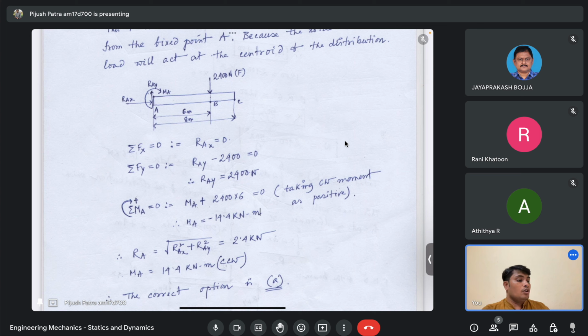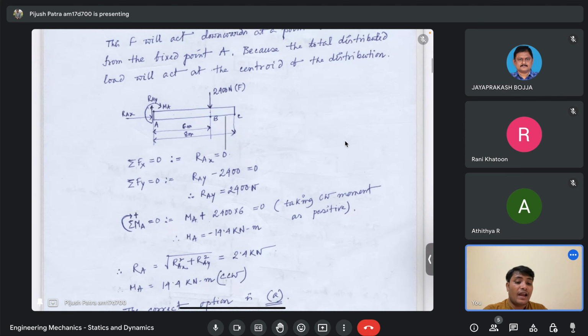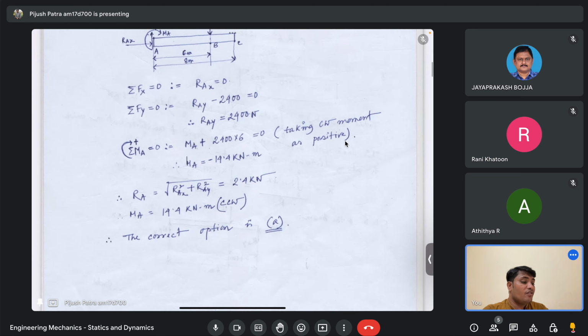Okay, so for calculating MA, I saw that the positive direction, that's why, but I got a negative moment. In the original assumption I saw that anti-clockwise moment is always positive and the clockwise moment is always negative. Okay, so what is the net force?